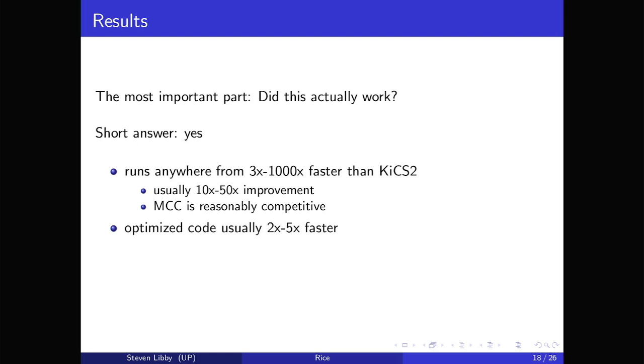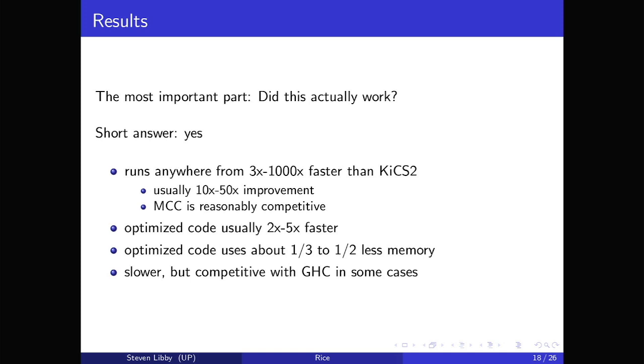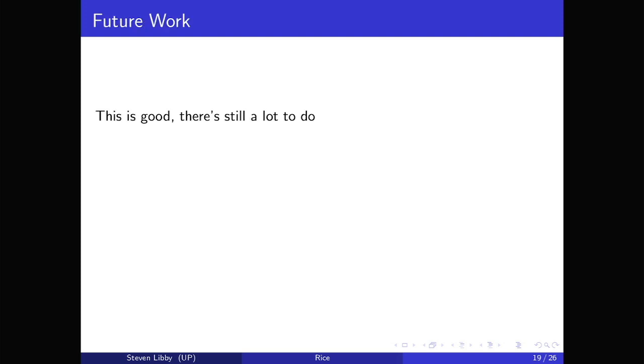Optimized code usually ran 2 to 5 times faster. It usually used a third to a half of the memory, which was really nice. And then we were slower than GHC, which is not surprising at all, but I was usually competitive with that, and I was really surprised with that. So overall, I'm really happy with these results.